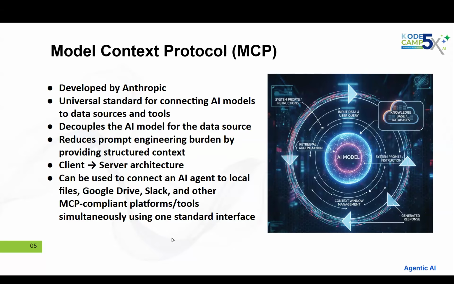When we're talking about agentic AI, we're really not looking at training a model from scratch. We're looking at using an already trained model for solving real world problems. So the data in this case is not training data. The data in this case is data that you use to solve a problem.